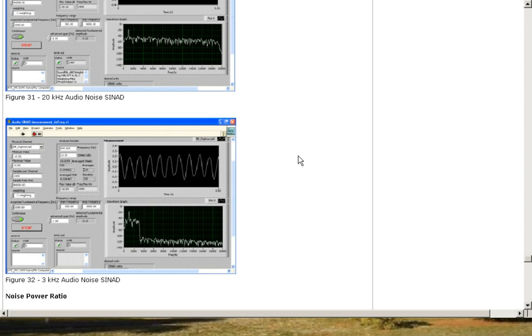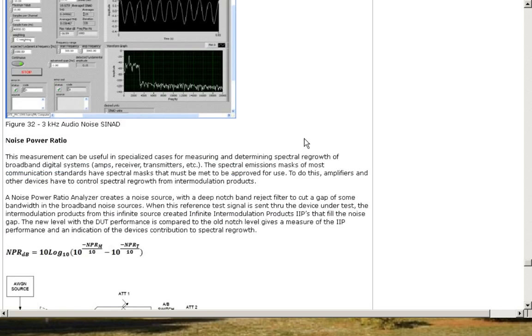Audio measurement. I wonder what a noise power ratio analyzer creates as a noise source.